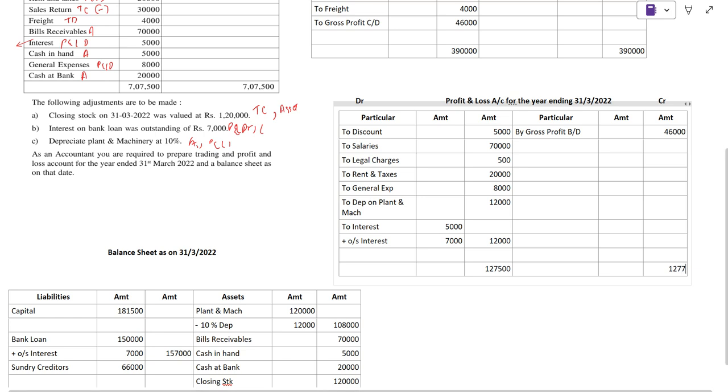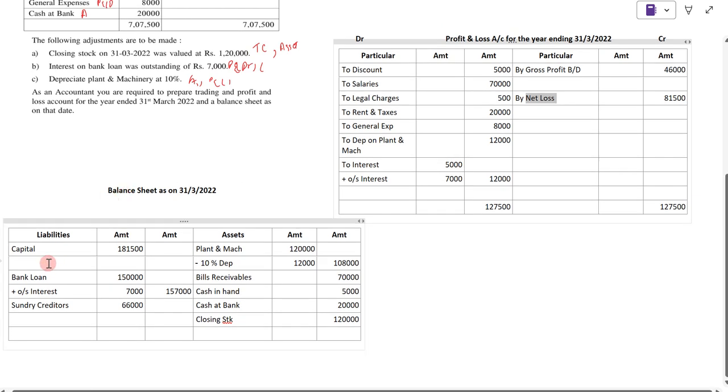So this is a loss on profit and loss account. So that will be called as what? By net loss. Loss is 81,500. Okay. So now the loss is to be transferred to capital account in the balance sheet.